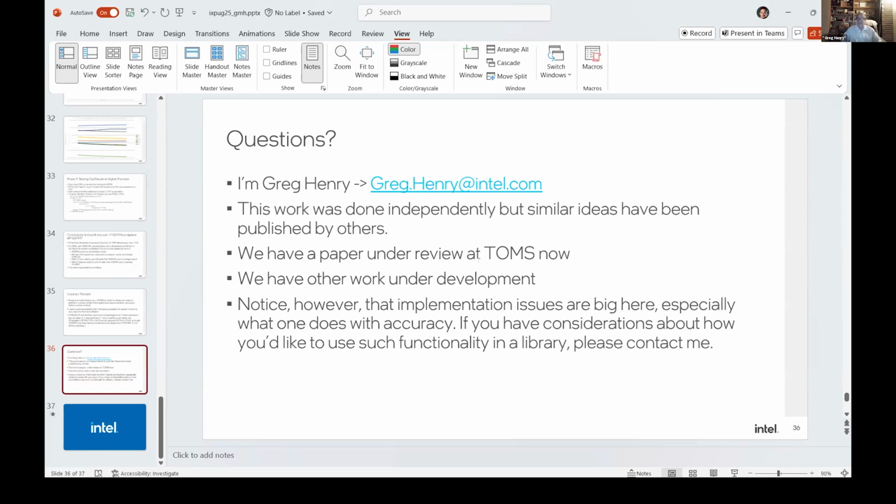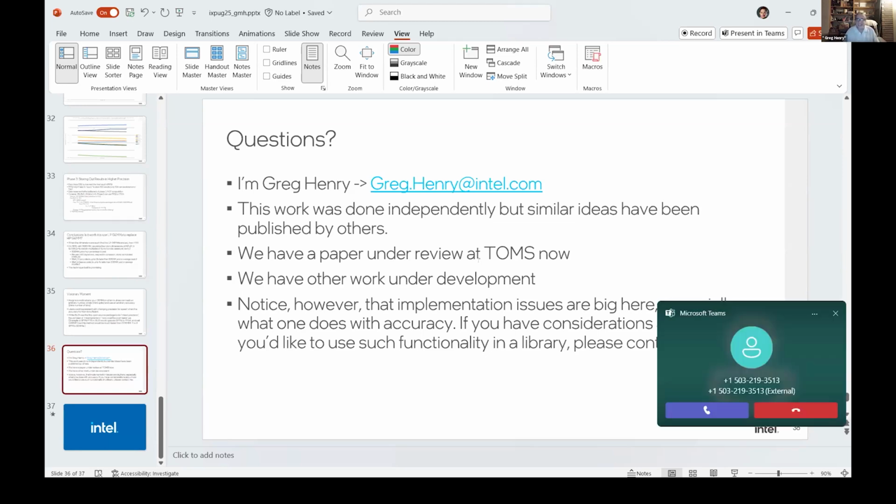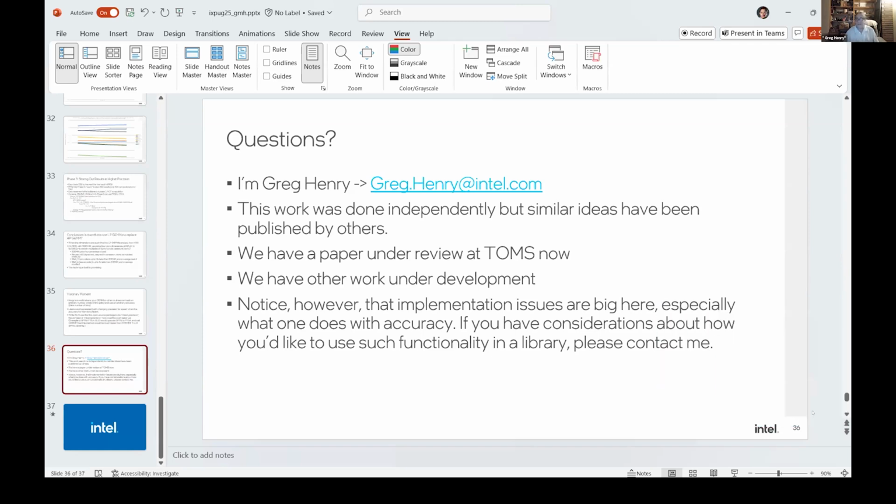I was thinking of throwing in some backup slides, but then I thought that just gets too confusing. I think that's an excellent idea, and I'm going to take that as positive feedback going forward. But I don't have a chart I can show you.